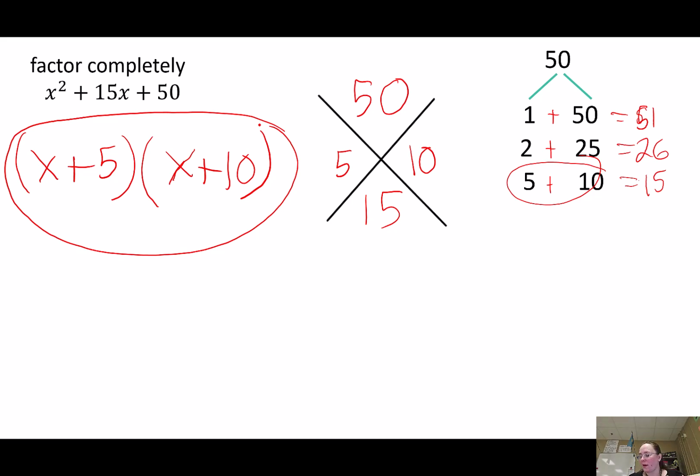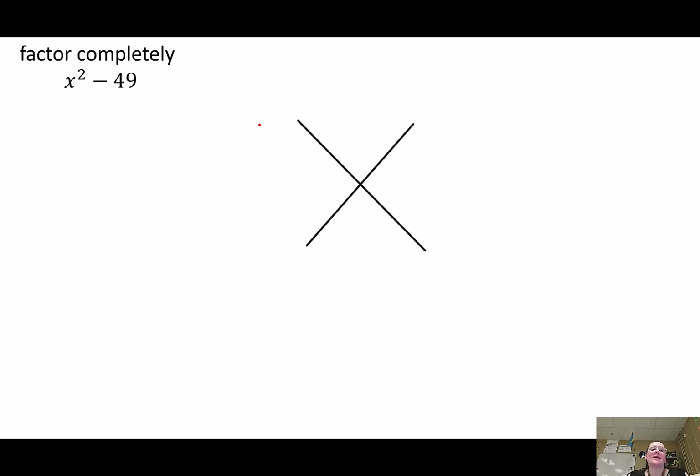All right, we are going to look at one more. So I've got x squared minus 49. So we know what our c is in this, but we are missing something. This is only a binomial, right? Not a trinomial. So we need to make it a trinomial to be able to factor it, which all I have to do is put 0x, because 0 times anything is 0.